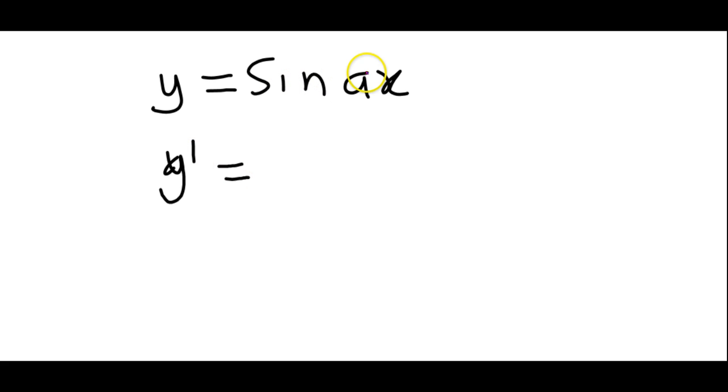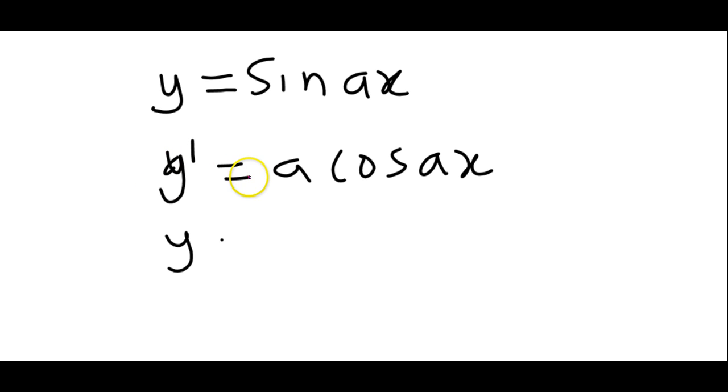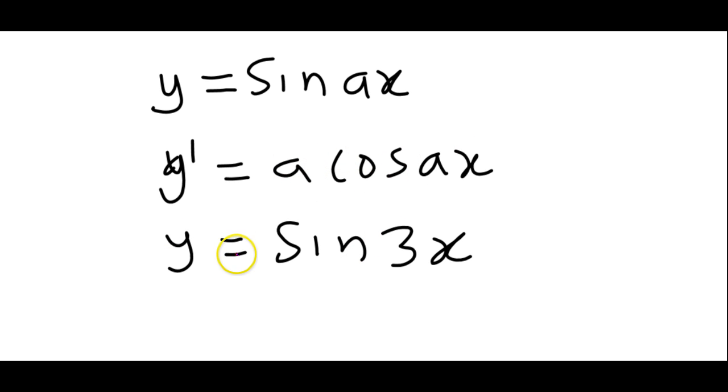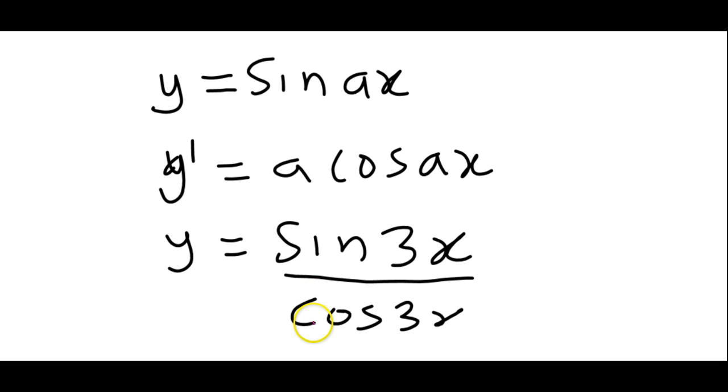For the beginning part, we said that if you have y equals sine ax, then if you differentiate y, you get a cos ax. So if I have y equals sine, let's say 3x, and I differentiate this, when I differentiate the whole of sine 3x, I'll get cos 3x.